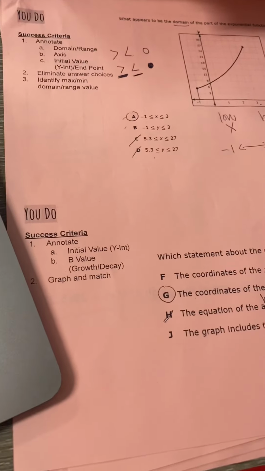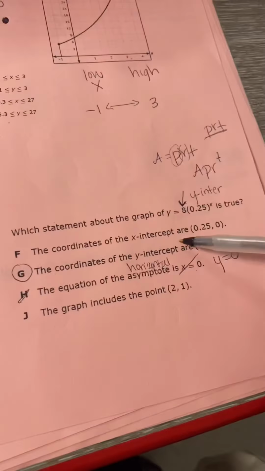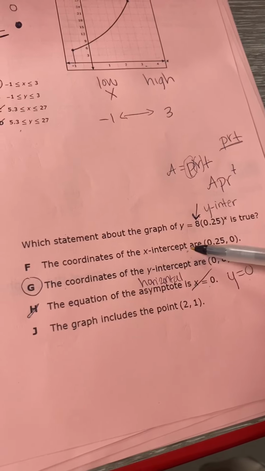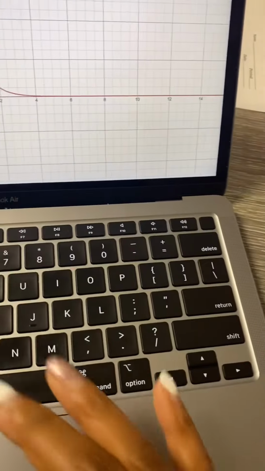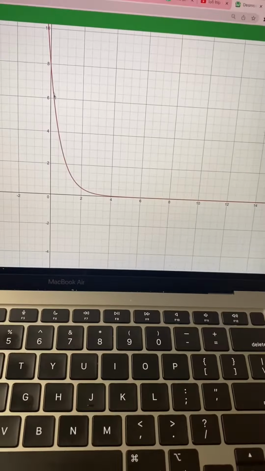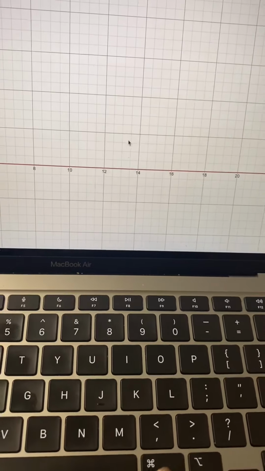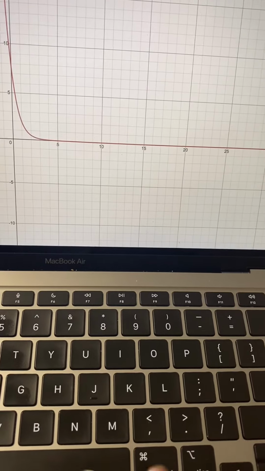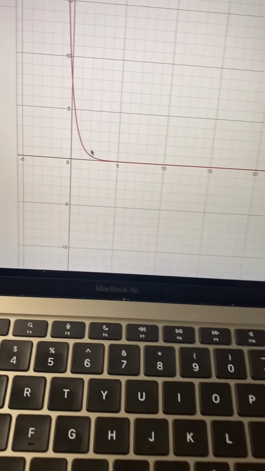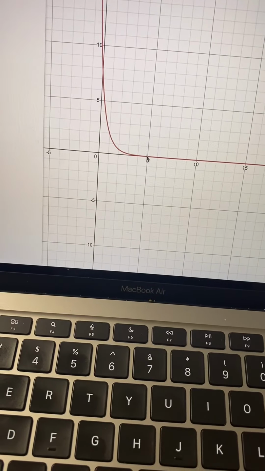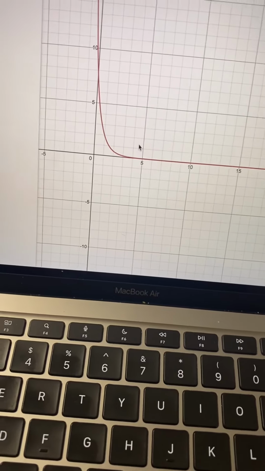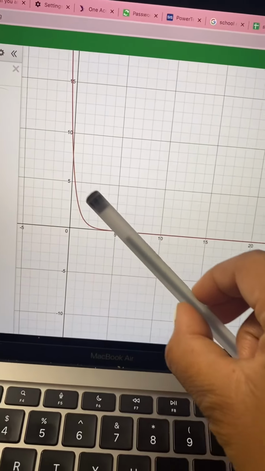So it's not H. It's asking us for the x-intercept. Let's look at our graph. Does this curve ever cross your x-axis? From what we can see, it does not cross it. It's flattening out. It almost touches it, but never actually dips down to cross.